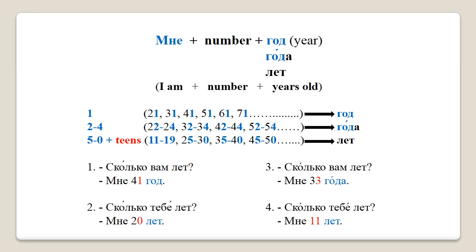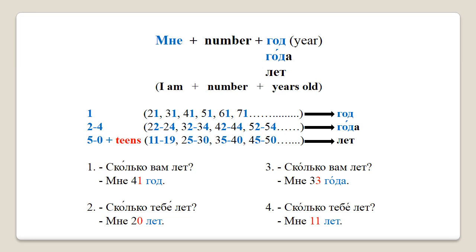Now, there is a certain pattern that we have to keep in mind when talking about age or any construction that involves numbers in Russian, such as telling time or talking about prices of items in the shops. Supplementary material attached to this lecture contains more in-depth explanation of these new forms. But for now, this is what we have to remember. In order to answer the question, to talk about your age, we're going to use мне instead of я.